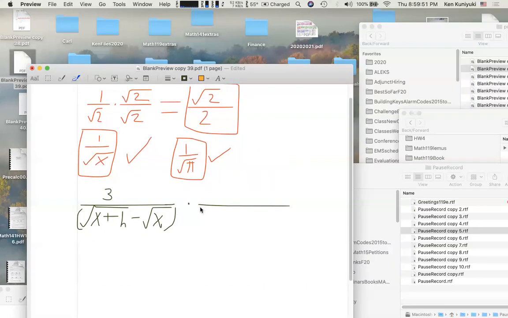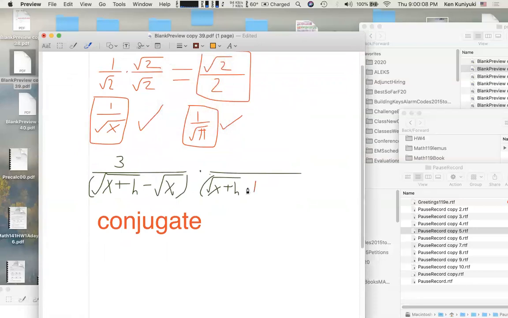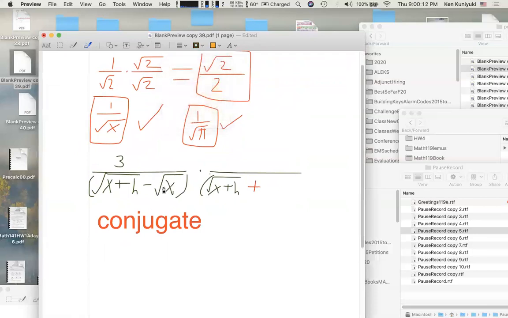We have to multiply by what's called the conjugate of the radical expression, which means we multiply by root x plus h, and when you write down the conjugate, we flip the sign. If that were a plus, this would be a minus. And then root x.